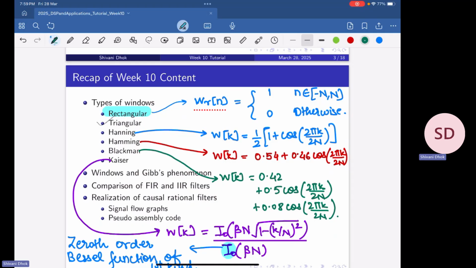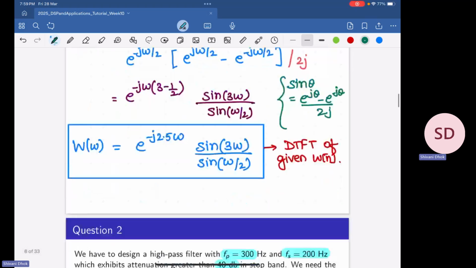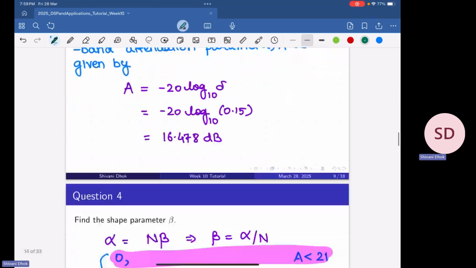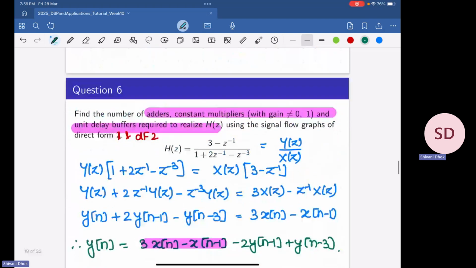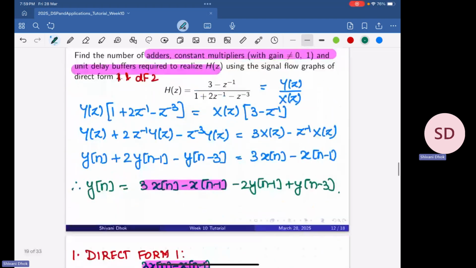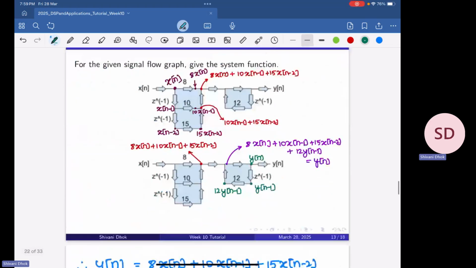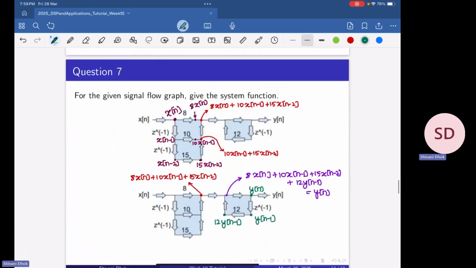Then we discussed a few things related to signal flow graphs: how to get the signal flow graph of the system from a given transfer function, which was the first thing we did, and then the opposite, how to get the transfer function from a given signal flow graph.